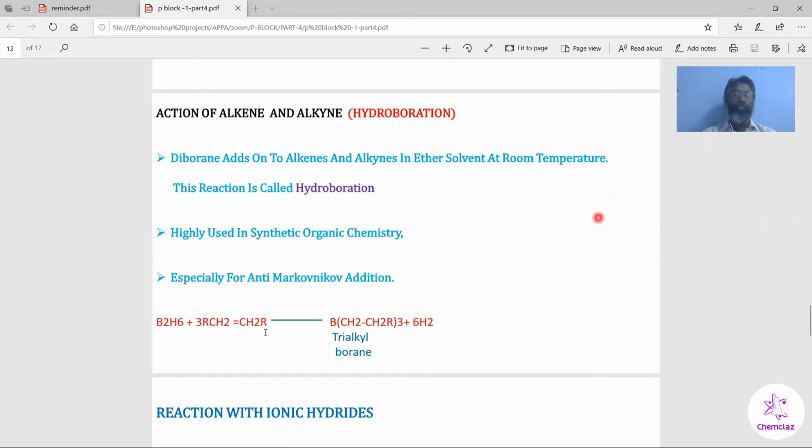The same addition reaction in the presence of diborane gives the anti-Markovnikov product. First, the unsaturated compound, alkene or alkyne, reacts with diborane, which gives trialkyl borane. Then this trialkyl borane undergoes addition with the addendum, which gives the anti-Markovnikov product. This reaction is called hydroboration, especially to get the anti-Markovnikov product.